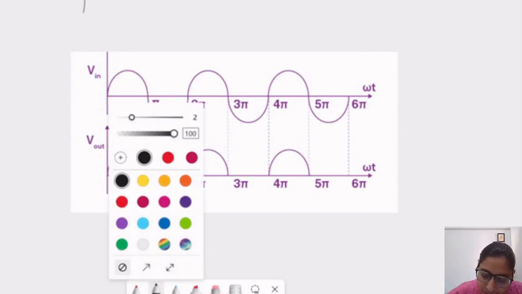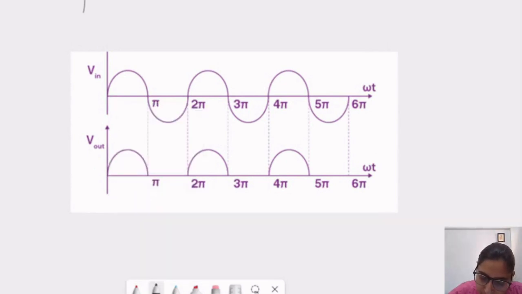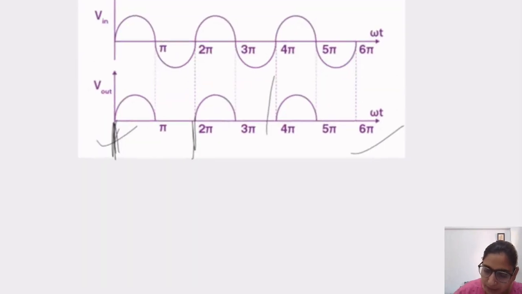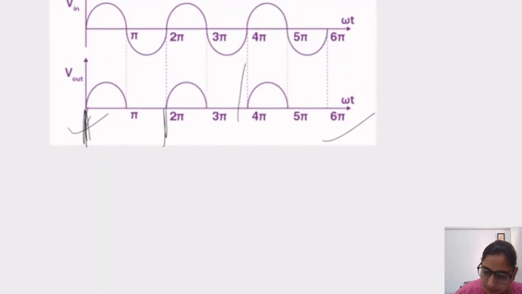Here we clearly see that whether the input is in the positive or negative half, the output we are receiving is only in the positive half, and the time period of the waveform is taken from 0 to 2 pi. Clear? So this is the output voltage, and we know that it is sine omega t as we discussed earlier. Now what will happen? Let us discuss it in detail.